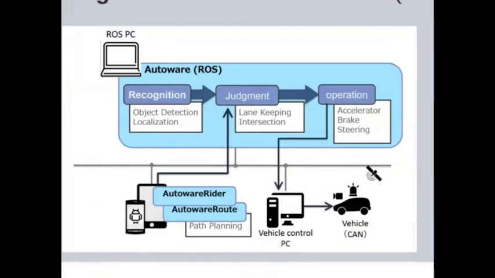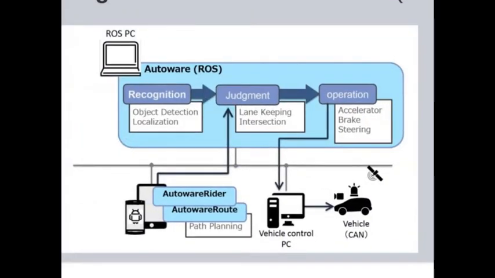Here's the sketch of Autoware. It's very similar to the structure that I showed you: the recognition, judgment and operation that I described for all the robots in that review, and here it is for the self-driving car. So you have lane keeping, object detection, brake and steering, acceleration, planning, and the communication from the software with the actuators is done using CAN.